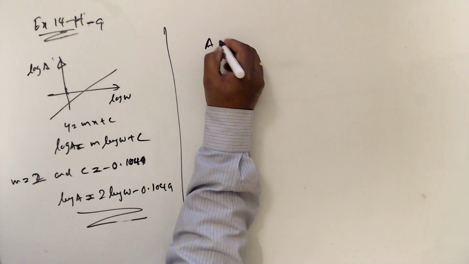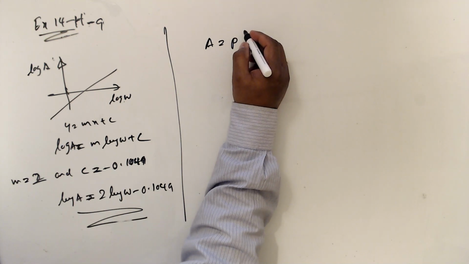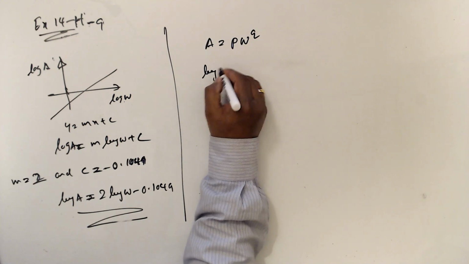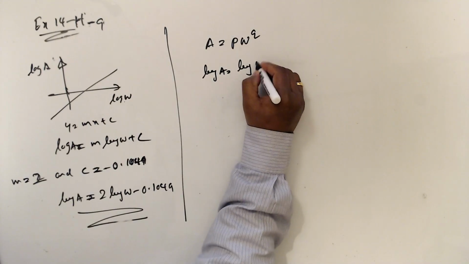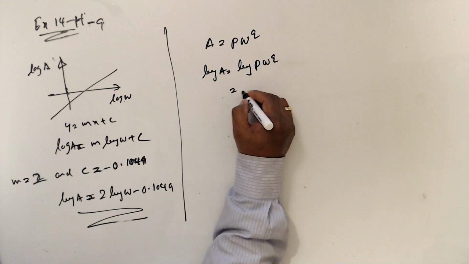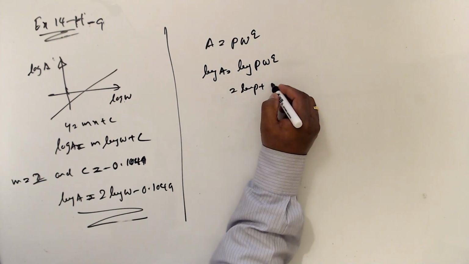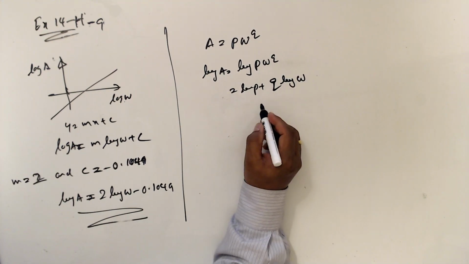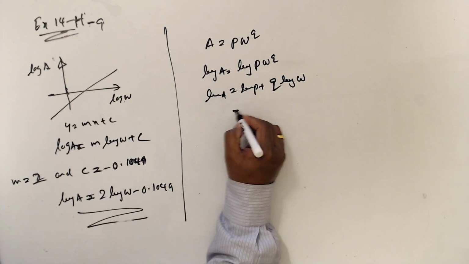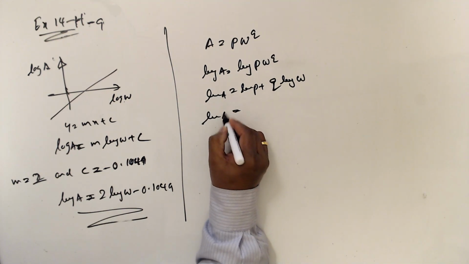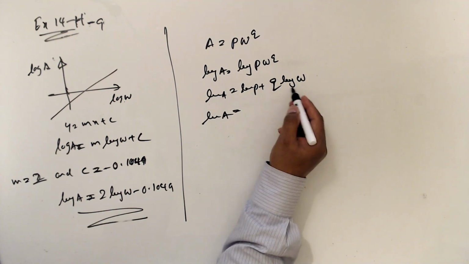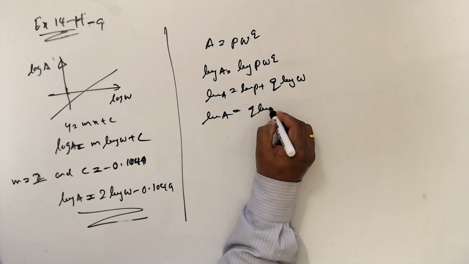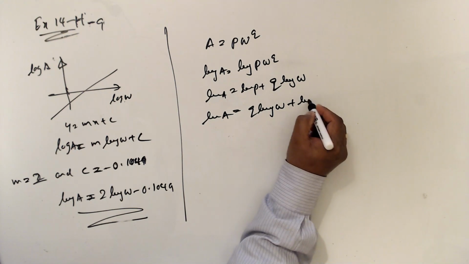On b we have to find p. A equal p w to the power q. So log a equal log p w q. So log p plus q log w. So log a equal q log w plus log p.